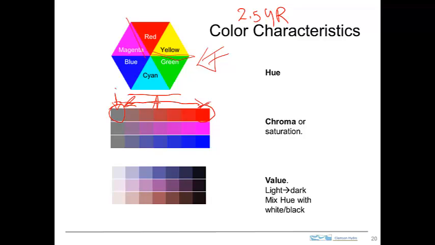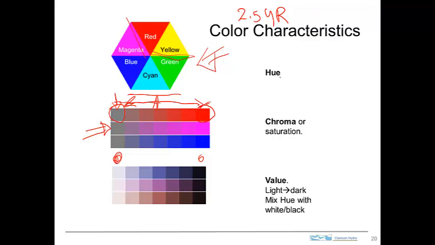Now the value describes what base color we're using. The base color here would be a medium gray, but this base color could include really any shade of gray, from white to black. The value goes from light, essentially white, to black.